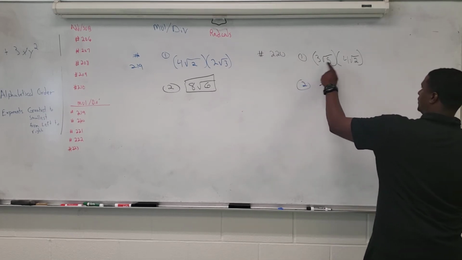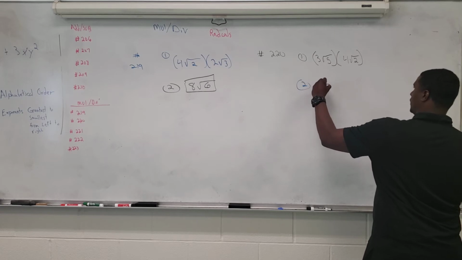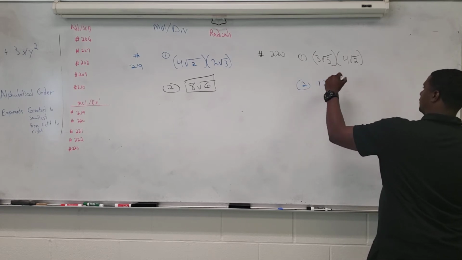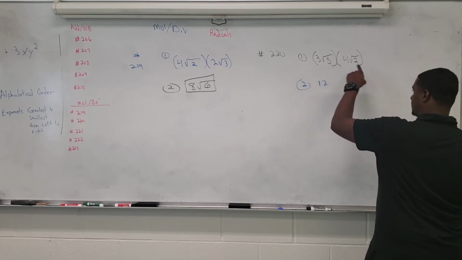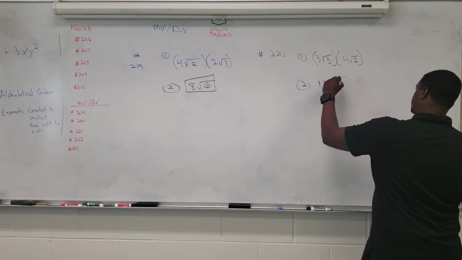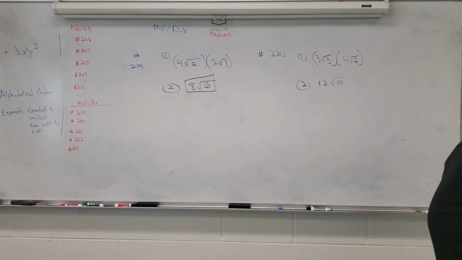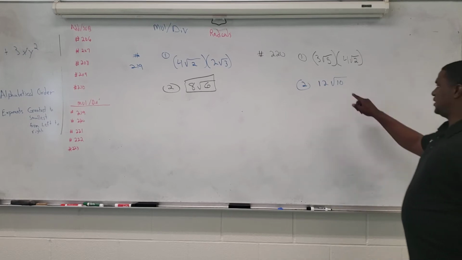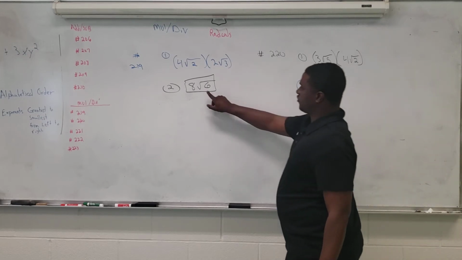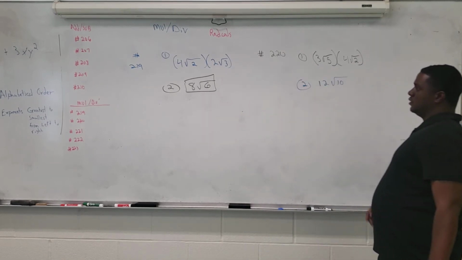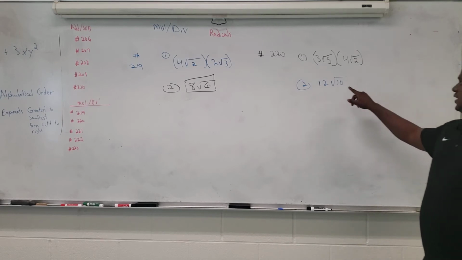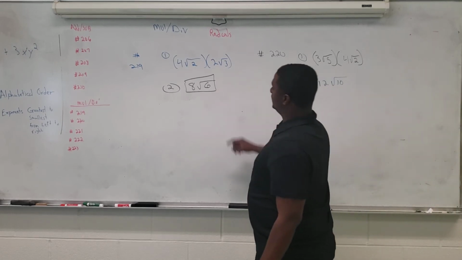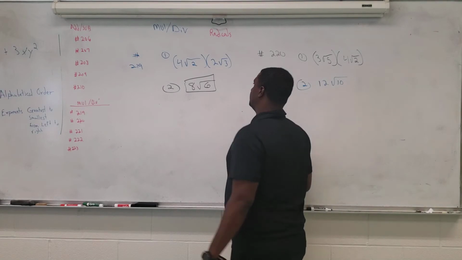My coefficients, 3 times 4, 12, square root of 5 times square root of 2, square root of 10. And you got to make sure that the square root is simplified as well. Right now, 10 doesn't have a perfect square in it, neither does 6. So this is simplified.